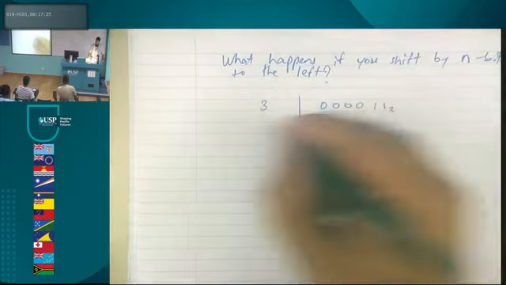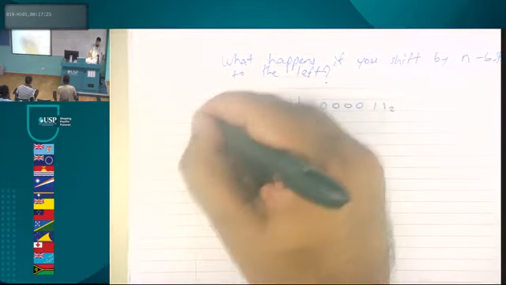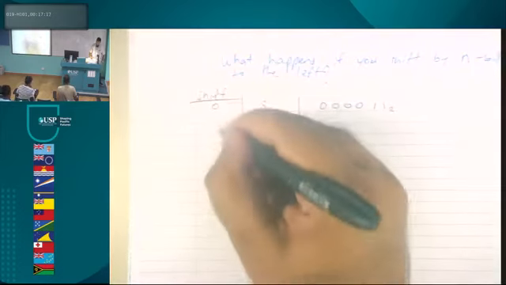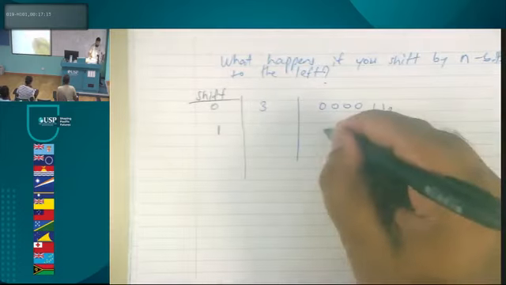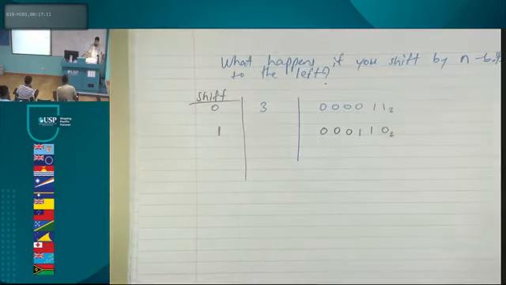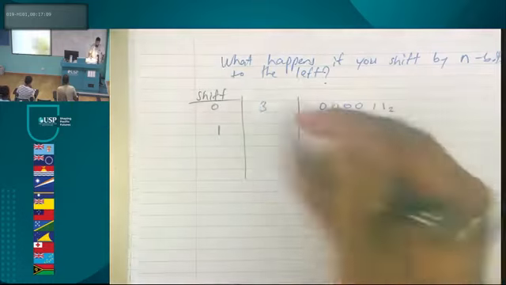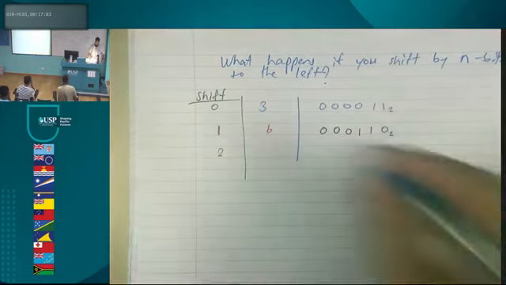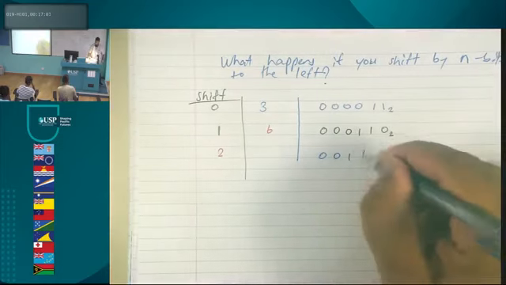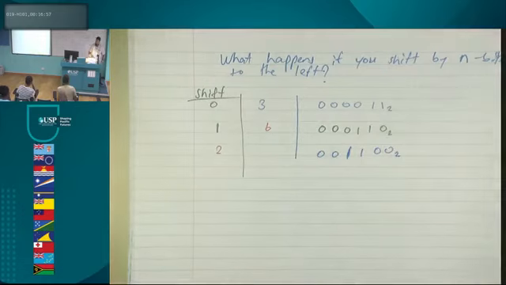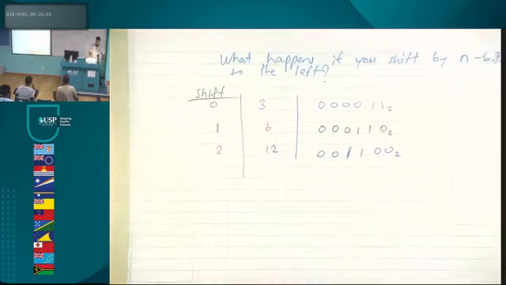Let's do one shift. That will become 0 0 0 1 1 0, which is same as 6. Let's do 2 shifts. That will become 0 0 1 1 0 0, which is 1 1 0 0. That's 12.